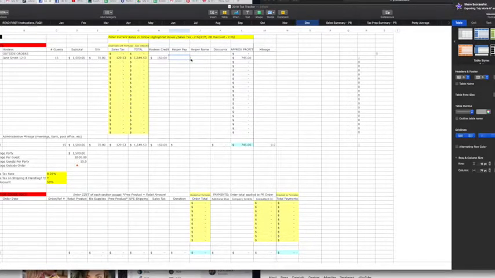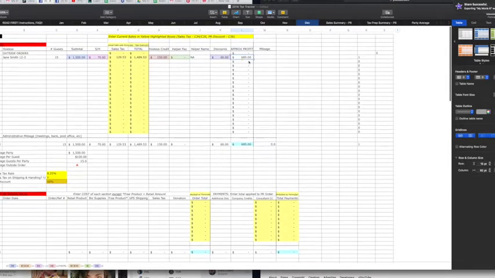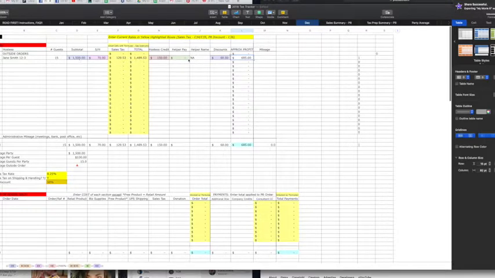And then let's say I didn't have a helper, so I didn't pay her anything, so that's going to be zero. I always put NA if I didn't have someone helping me that day. And then let's say I gave another $6 in credits between VIP clubs and gifts. There's the rest of my discounts. So now it's going to go down and show me my approximate profit between all those discounts.